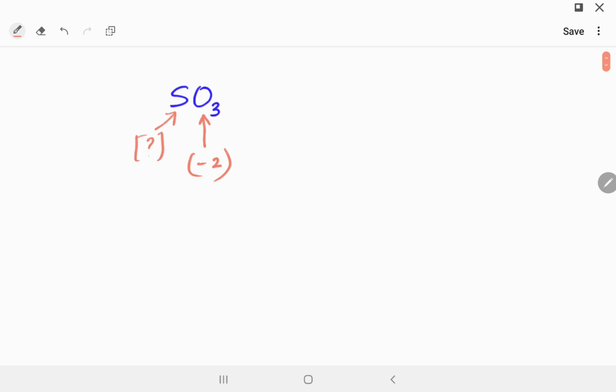We don't know the oxidation number of sulfur, but we know the sum of oxidation numbers for SO3 is 0. So you have 1 sulfur and 3 oxygens. If you add all these oxidation numbers, the sum should be a big fat 0, right? Each oxygen is -2, and you don't know sulfur.